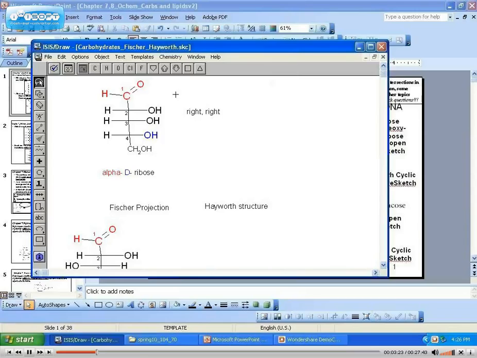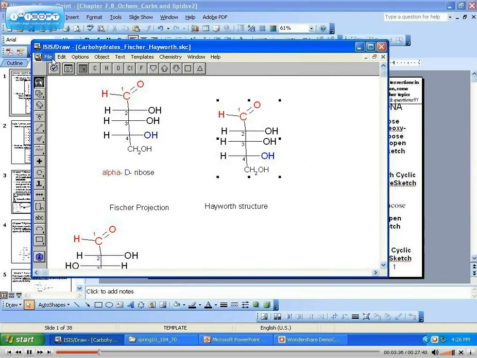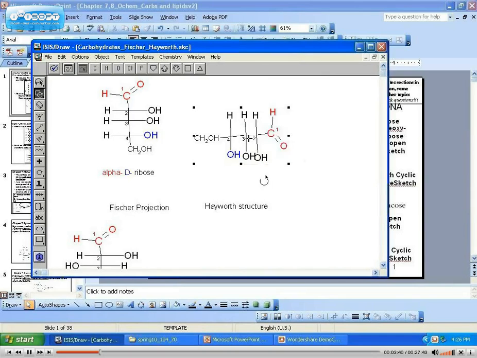Now, as far as sketching the Haworth structure, let me go ahead and take you through the transformation. So first thing I'm going to do is make a copy, and then I'm going to show it rotated on its side.